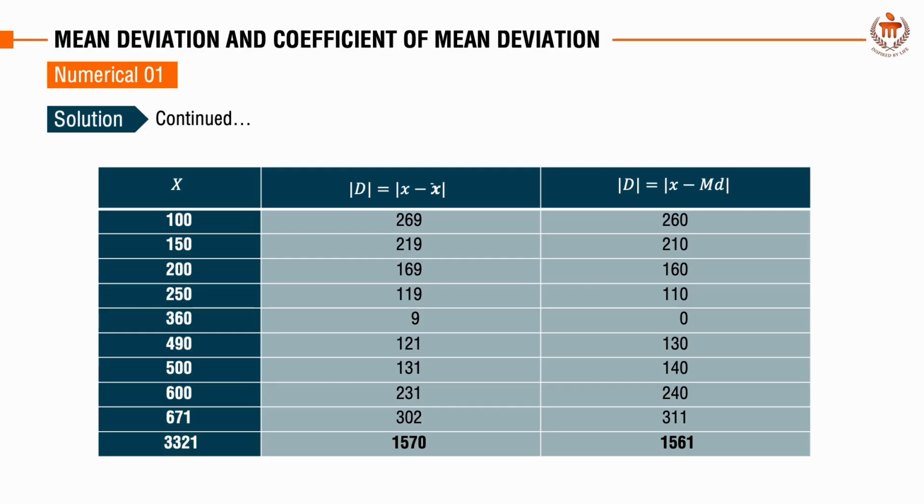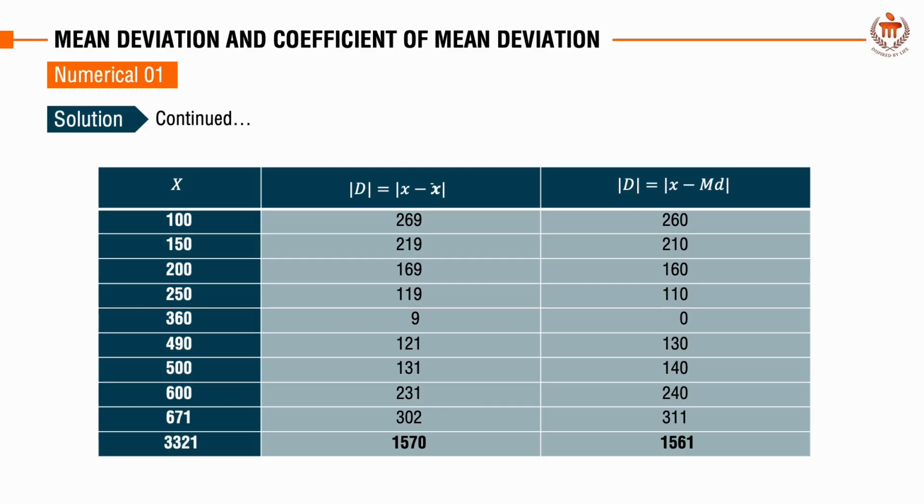That I will do. And we'll always consider the modulus sign here, so that the sign does not matter to us. So when I do 100 minus 369, I'll get 269. Then 150 minus 369, I'll get 219. Then 200 minus 369, I'll get 169. Then 250 minus 369, I'll get 119. 360 minus 369, I'll get 9.